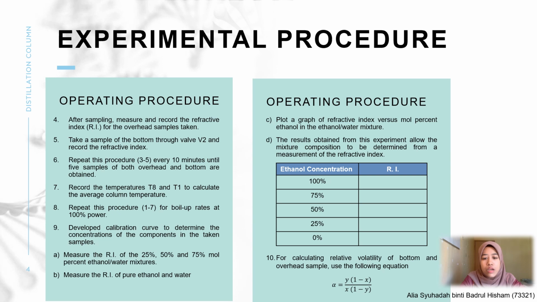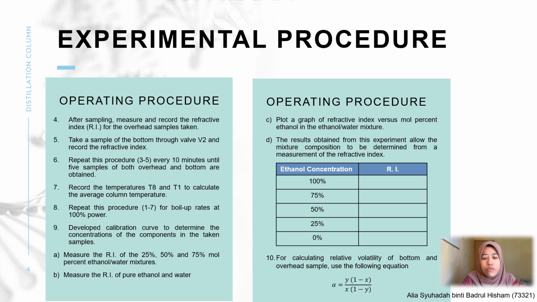Take a sample of the bottom through valve V2 and record the refractive index. Repeat step 3 every 10 minutes until 5 samples of both overhead and bottom are obtained. Record temperatures T8 and T1 to calculate the average column temperature. Repeat steps 1 to 7 for the boil-up rate at 100% power.